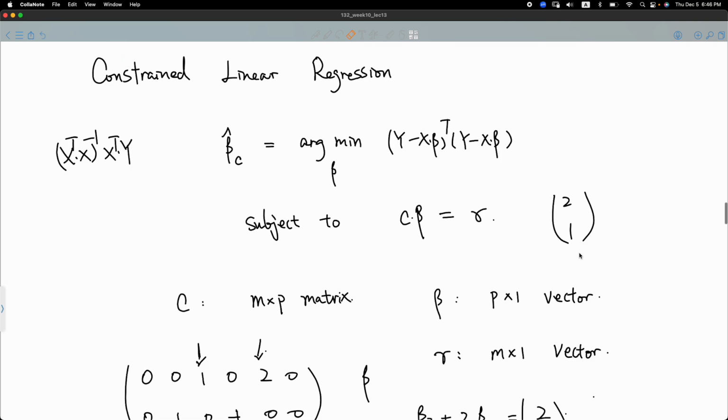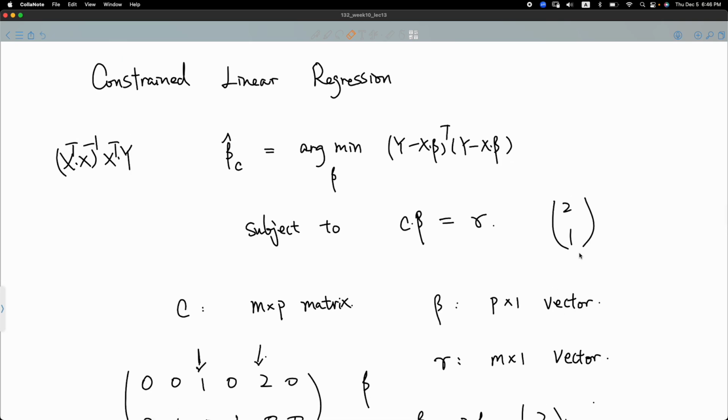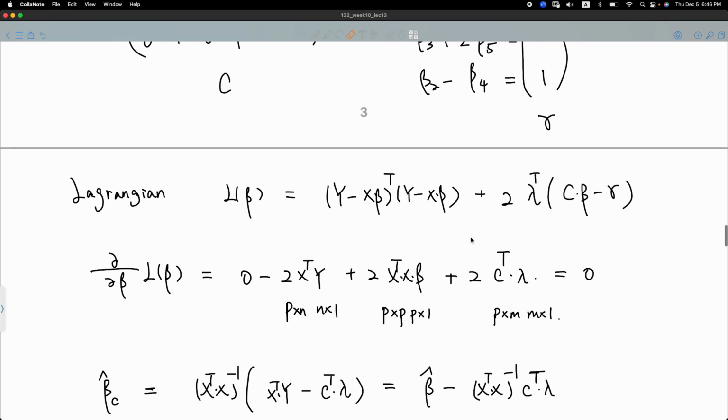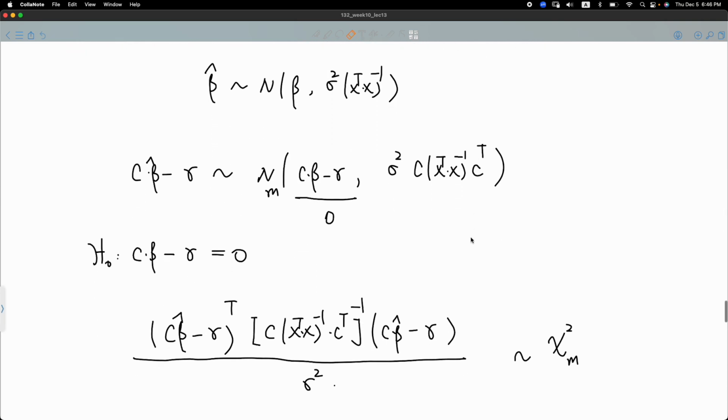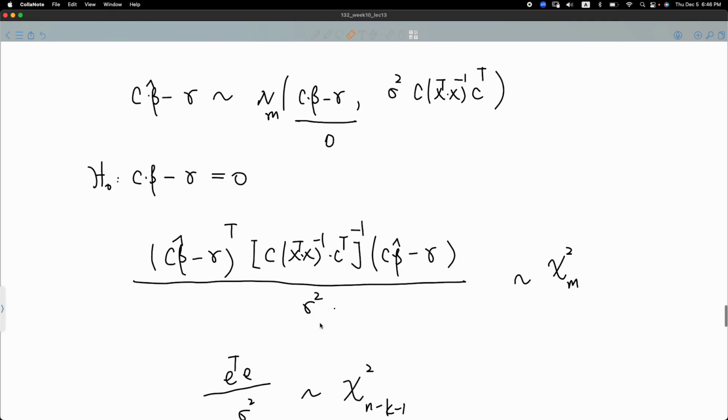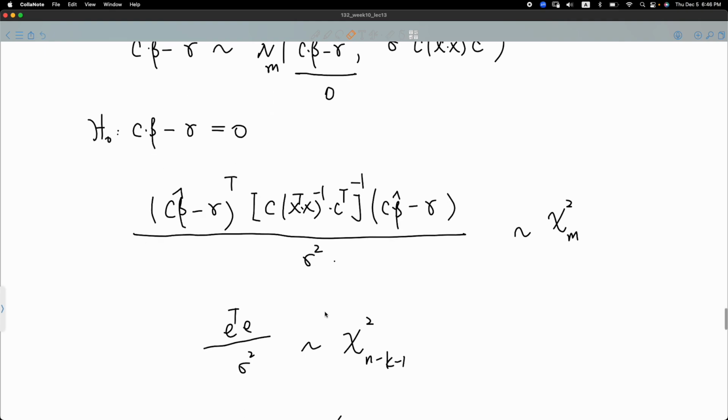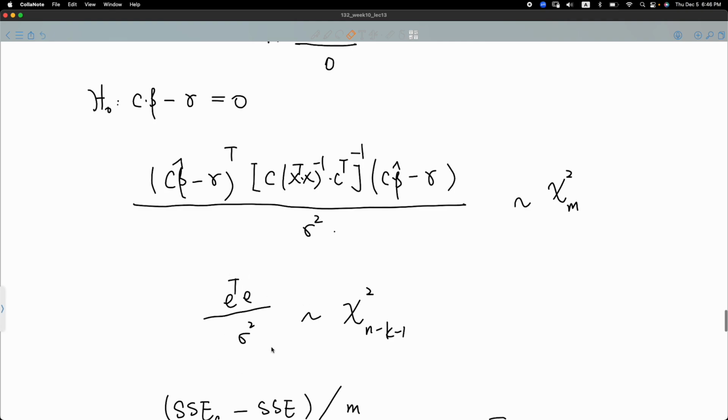And then we talk about another constraint linear regression, which is that you not only want to fit a model, but also want to satisfy some of the constraints. And for this one, when you want to perform hypothesis testing, also the chi-square distribution itself involves the sigma square that you don't know, so you're not able to do it. And then again, we borrow this part, which we know also follows a chi-square.